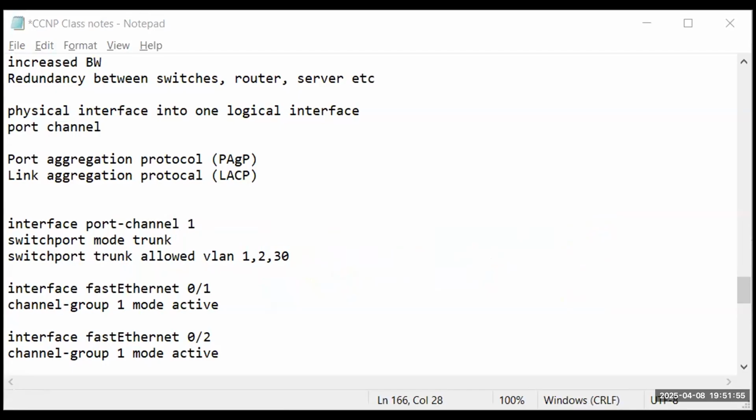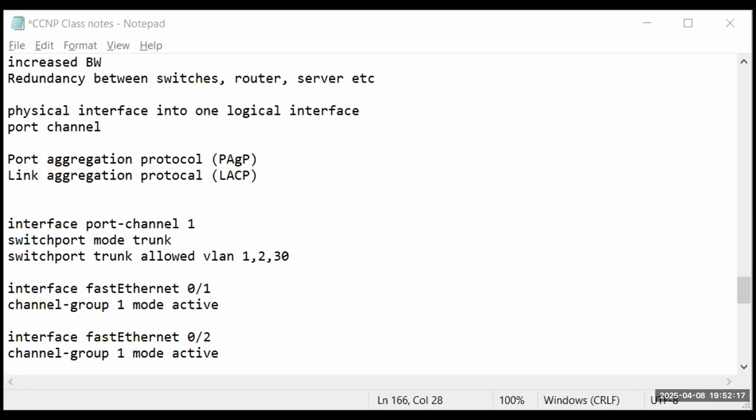What interfaces do we need to combine? We need to manually write every interface, or you can just give the range. The range interface command will also work. Can you tell that? I forgot. Range interface or interface range?